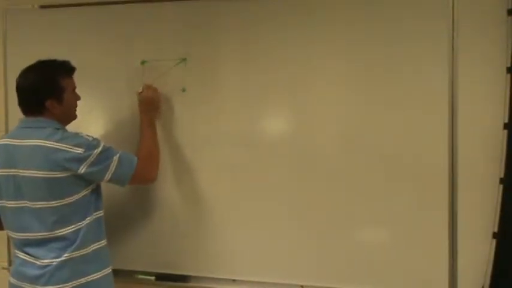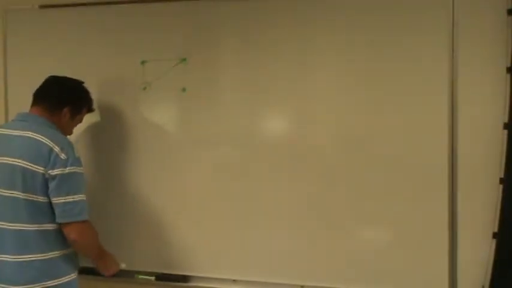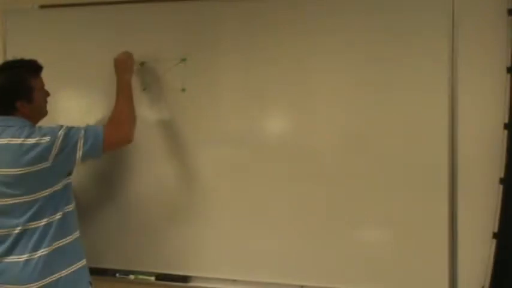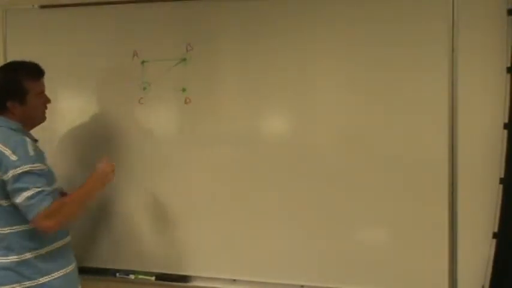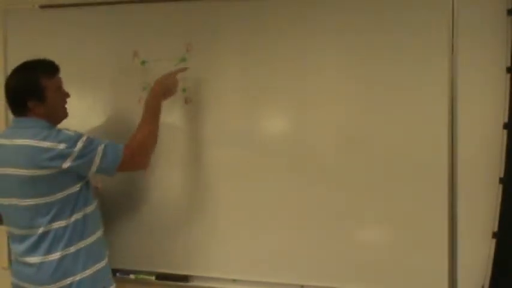This was a minimal vertex cover. If we label these points A, B, C, and D, B and C would be a minimum vertex cover for this graph. With those 2 points, every edge got picked up at least once. So that was a minimum vertex cover.